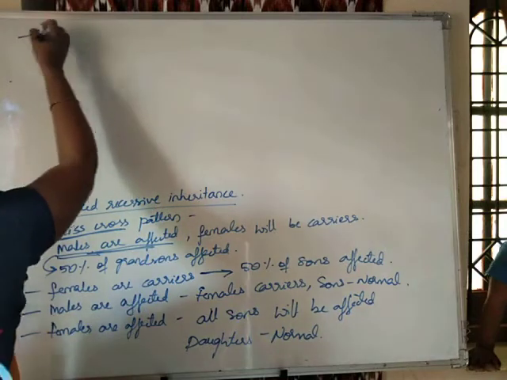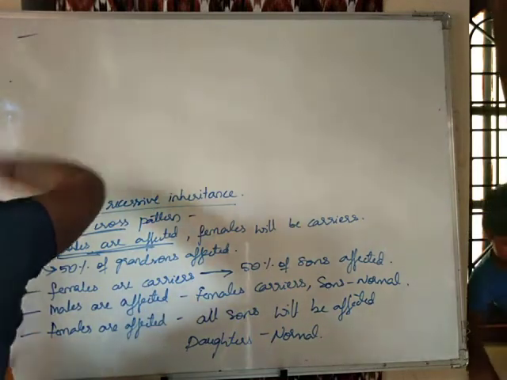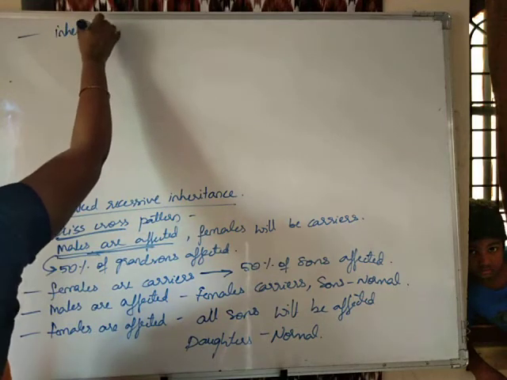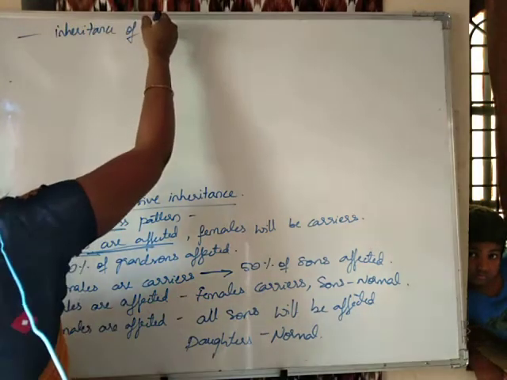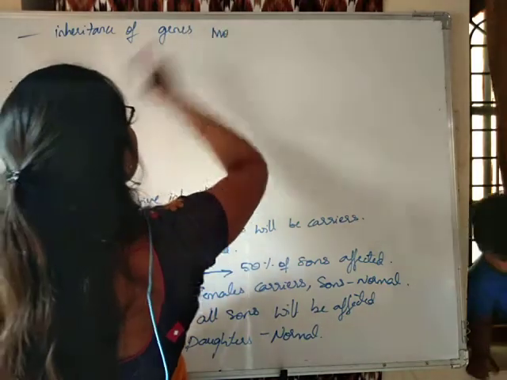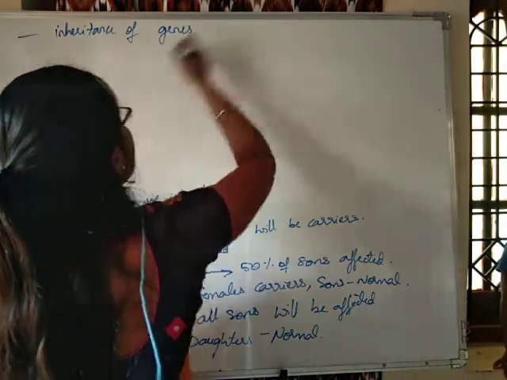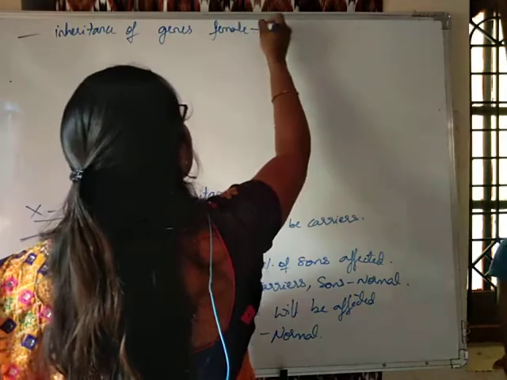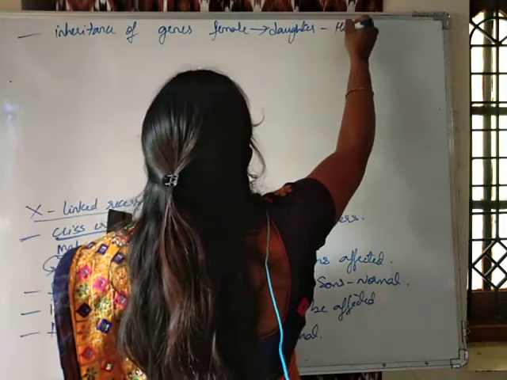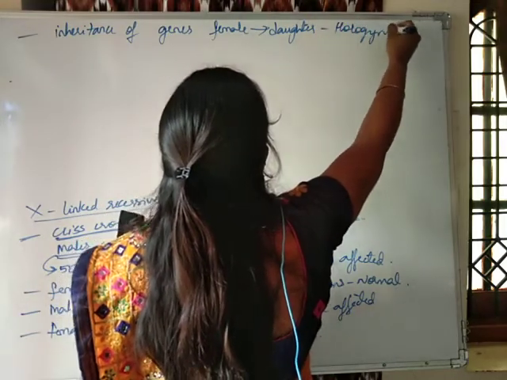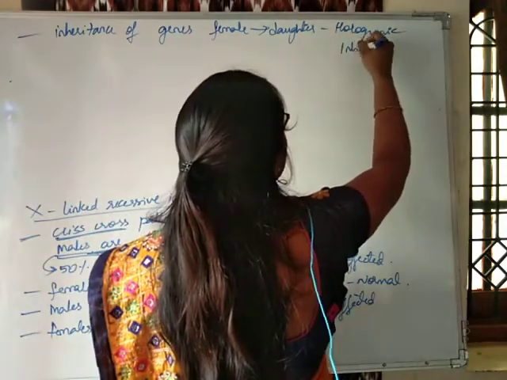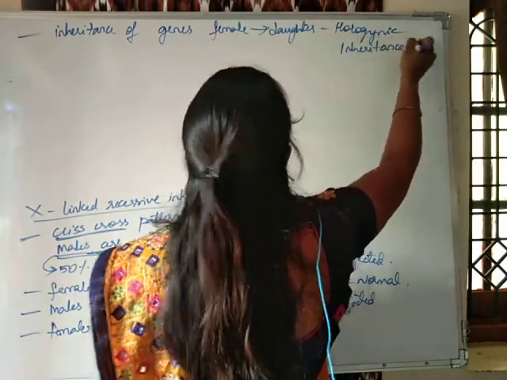A few more things to learn about sex-linked inheritance: inheritance of genes directly from a female to her daughter is called hologynic inheritance.